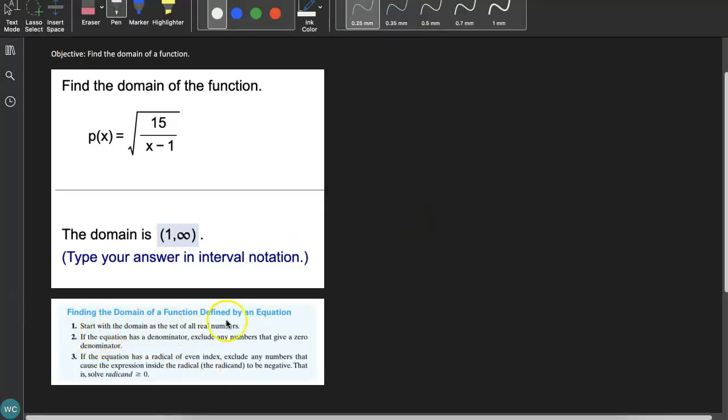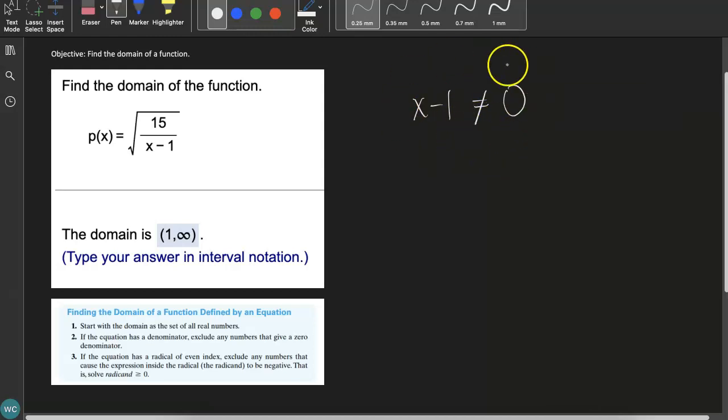So here we'll follow these instructions about finding the domain given an equation. We start by assuming that the domain is the set of all real numbers, but moving on, we look to see, does this equation have some denominator, specifically where the input variable, x, is in the denominator? If so, we want to set the denominator equal to 0 and say, this cannot be 0.